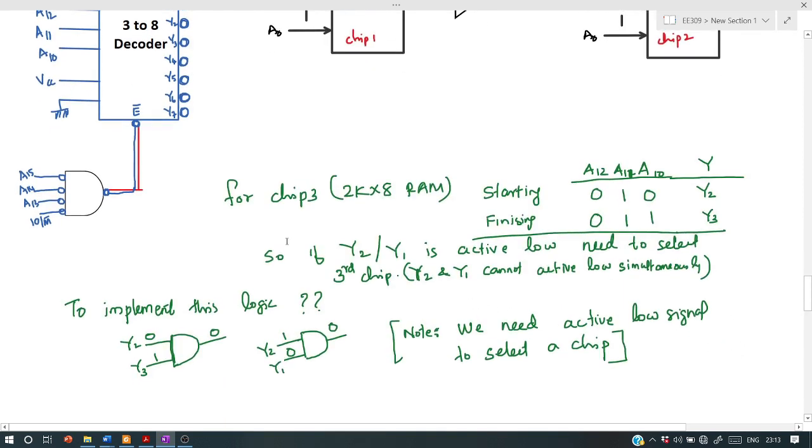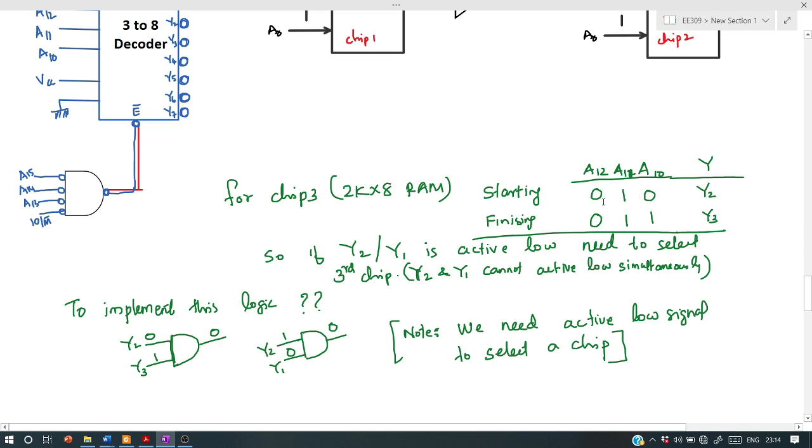Similarly, for chip 3, 2K into 8 RAM, the value in A10 to A12 varies from 0, 1, 0 to 0, 1, 1. That is, for the starting condition, its value is 0, 1, 0, and at finishing time, its value is 0, 1, 1.